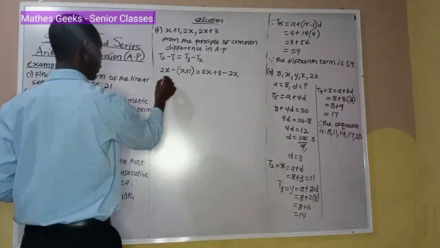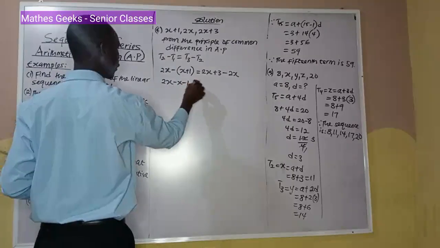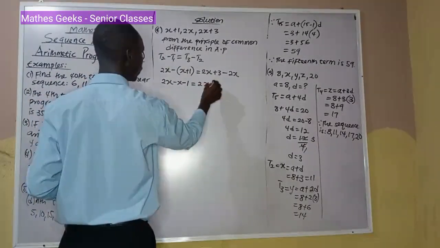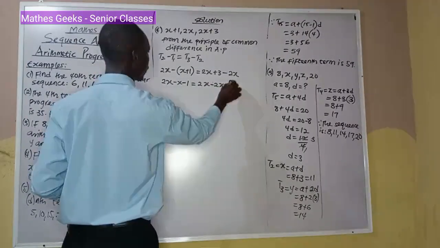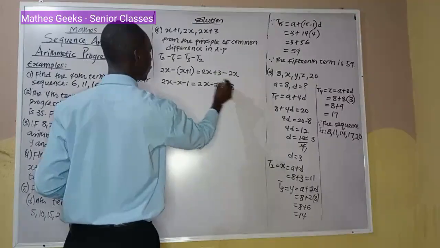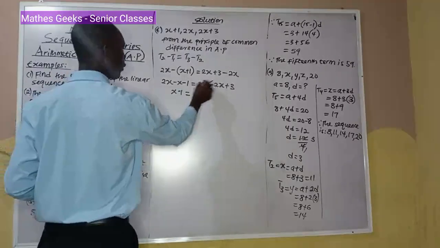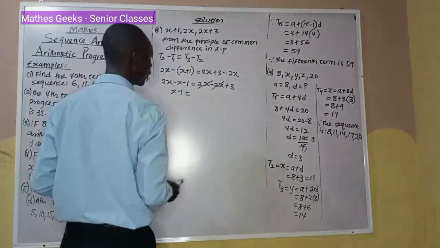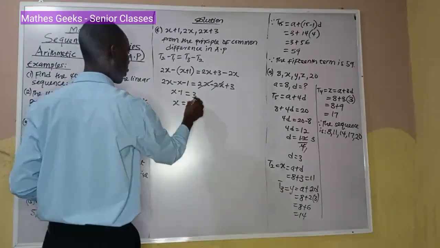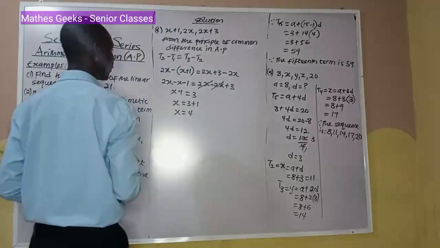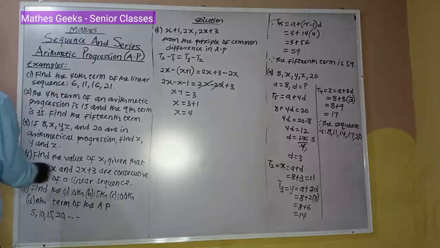So let's solve. 2x minus x plus 1 will give us x minus 1, is equal to 2x plus 3 minus 2x. 2x minus 2x will be 0 to cancel out, here will be 3, and x minus 1 is equal to 3. So we move the 1 to this side to become plus 1, and x is equal to 4. So the value of x in this sequence is 4.